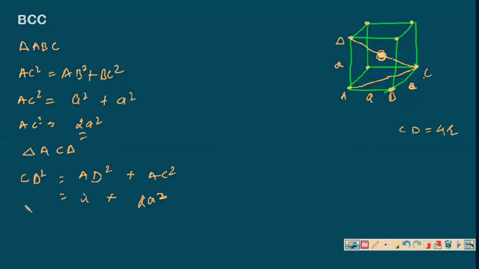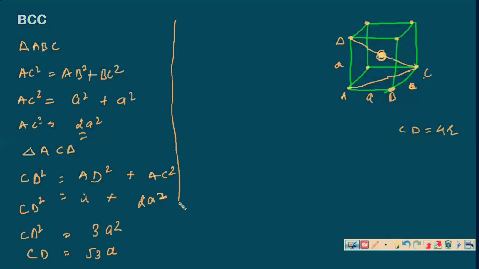So CD square is equal to 3A square, and CD is equal to root 3 A. Now CD we know very well is equal to 4R.